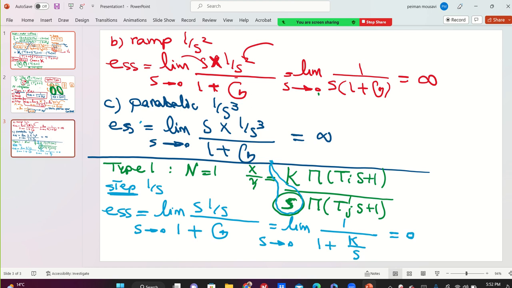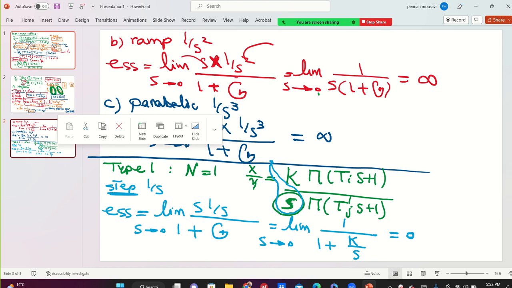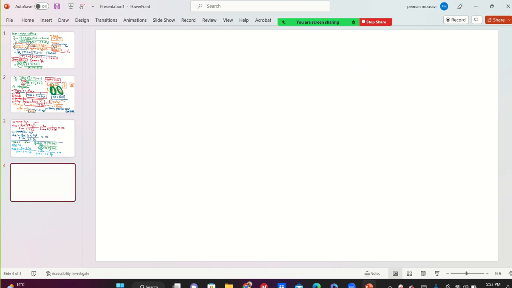Now, let me apply a ramp. ESS is going to be limit of s and ramp over 1 plus again K over s, because the rest is 1. That's right.